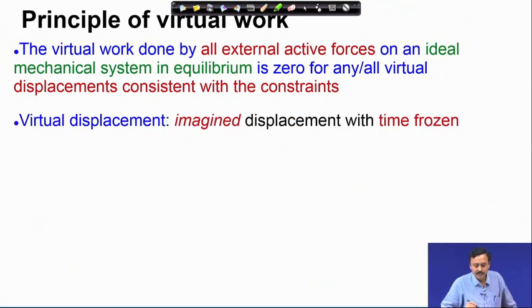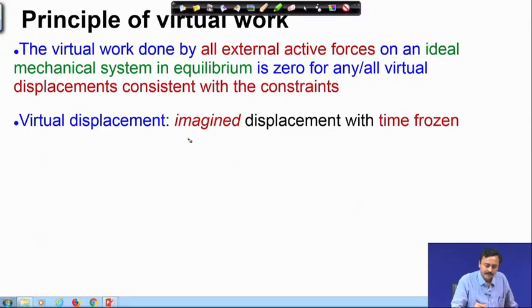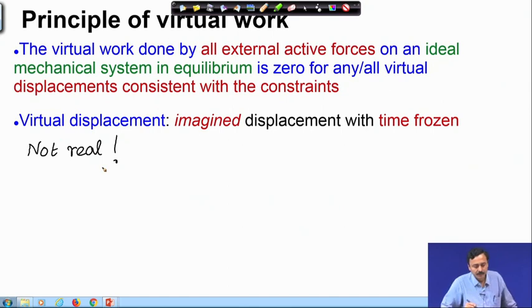What is virtual displacement? Virtual displacement, as the name suggests, is not real displacement. So, it is definitely not real displacement. It is virtual displacement. So, it is imagined displacement with time frozen.